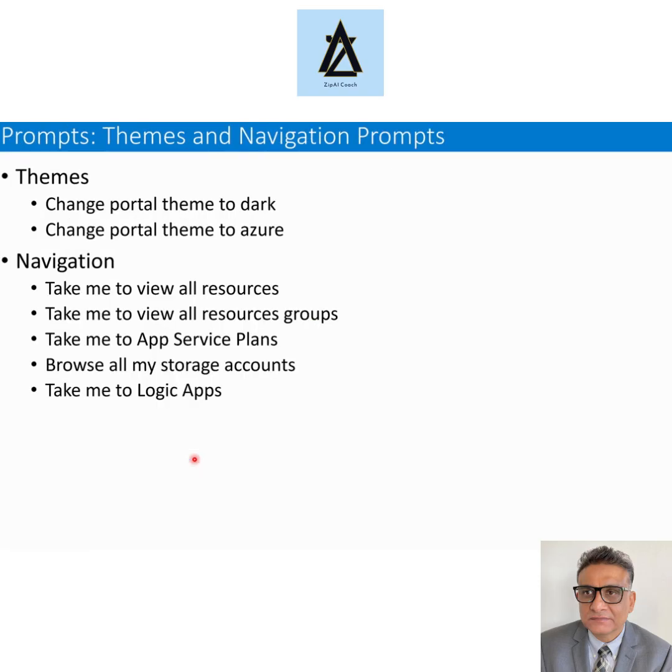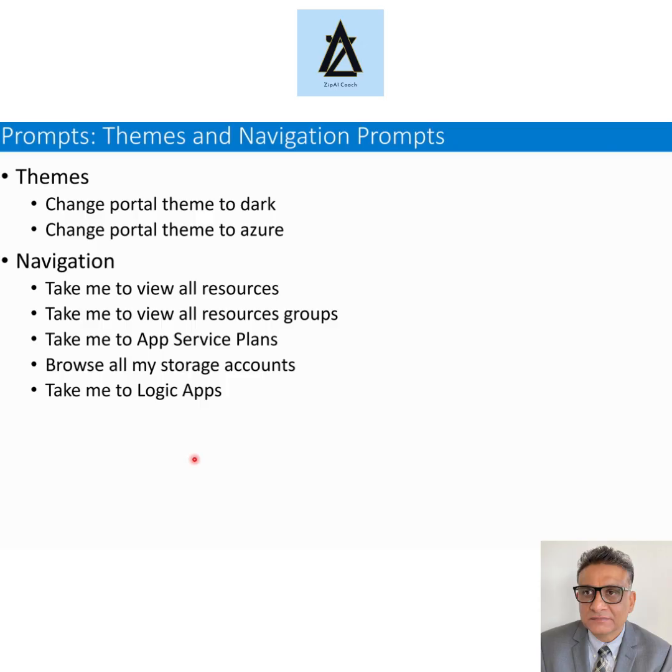So let's see what things are possible using Copilot for Azure. I'm going to take you through these different categories, and then we'll have a demo so that it becomes easy for you to understand.